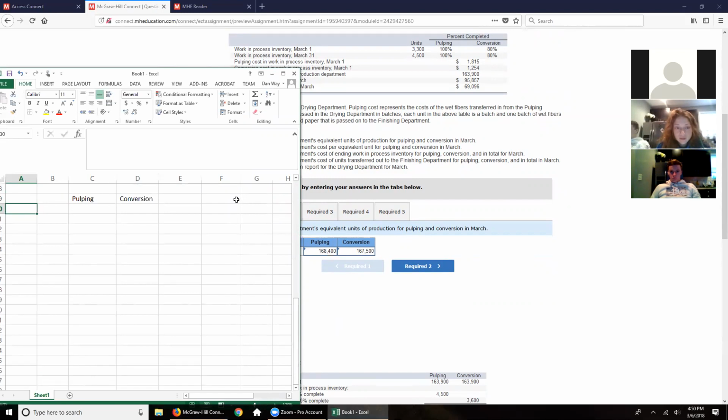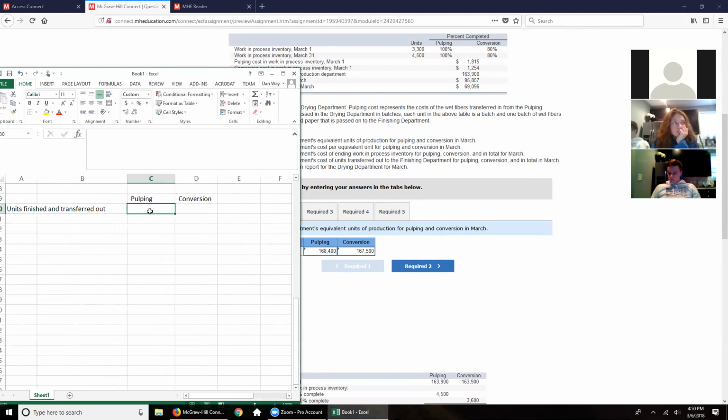So when determining equivalent units of production, we always start with the units that were finished and transferred out. The reason we do that, of course, is that if a unit has passed through all the parts of the production process, it must be 100% done with respect to everything. So units finished and transferred out, let's see.